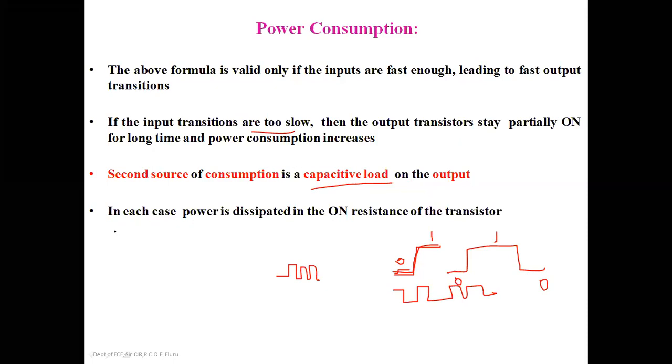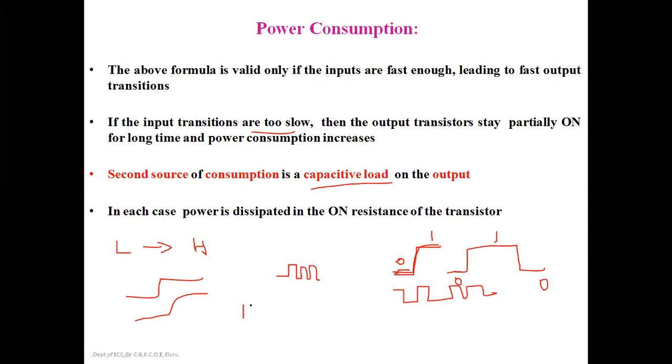And in each case, during the transition from low to high, the stray capacitance is charging to the maximum stray capacitance value. So the current is flowing from the VDD through the P channel resistance to the capacitive load.